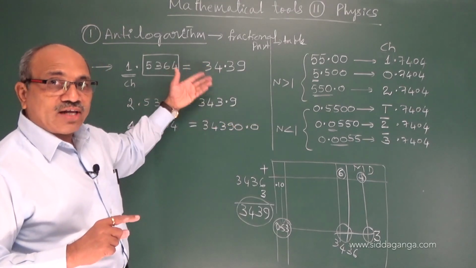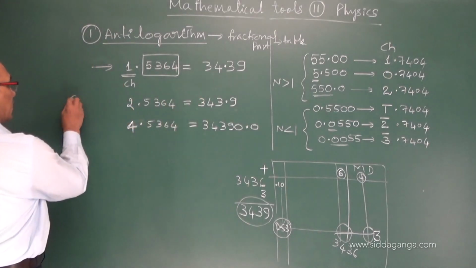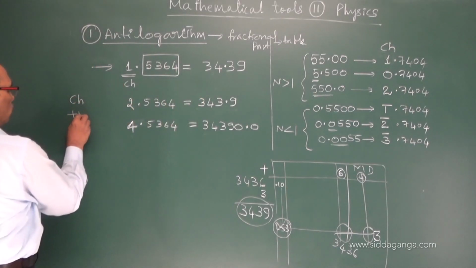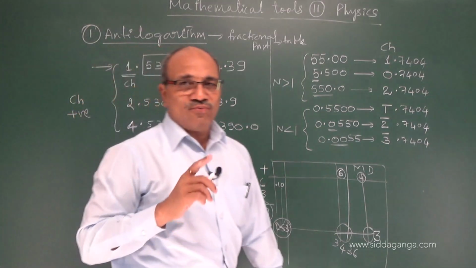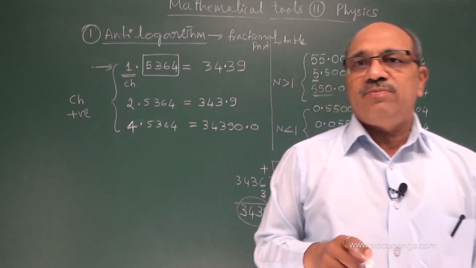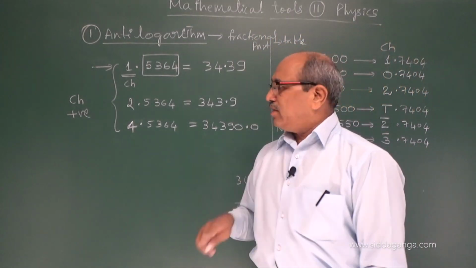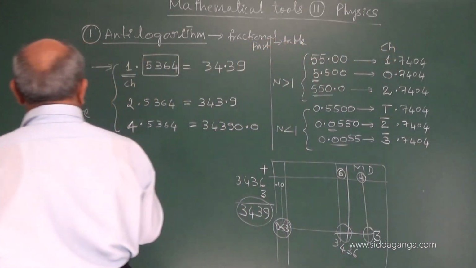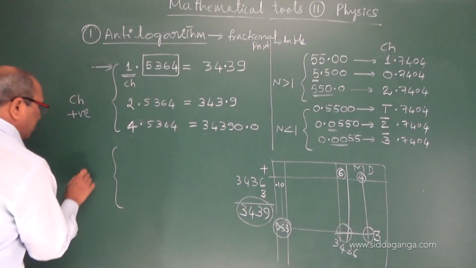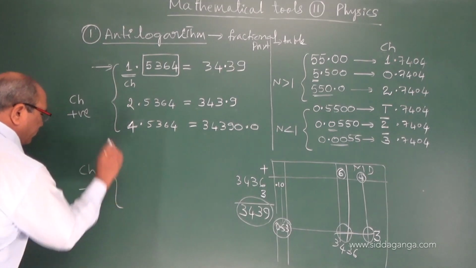For greater than 1, if the characteristic is positive, we have come to know how to find the position of the decimal point after finding the logarithm. Now coming to the point, if the characteristic is negative.